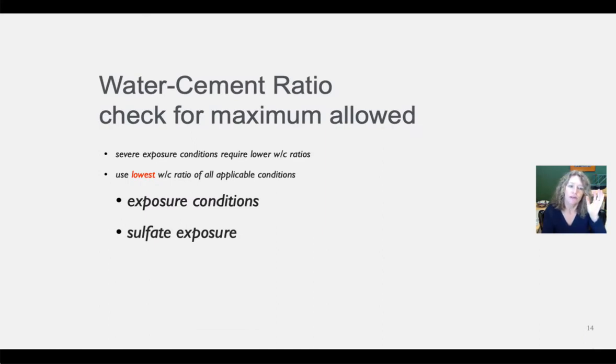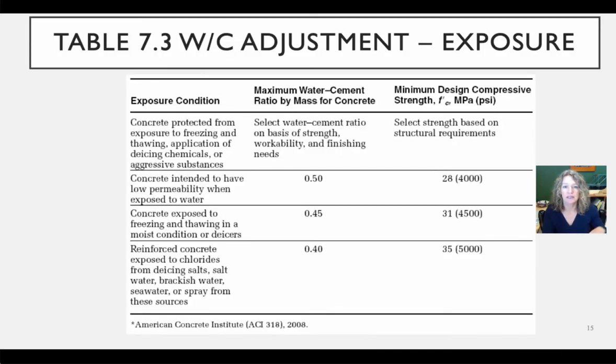And so the tables are about exposure conditions and sulfate exposure. And once we find all the water to cement ratios, we want to use the lowest because that's, we know, going to give us the strongest concrete with the least pores from water evaporating.